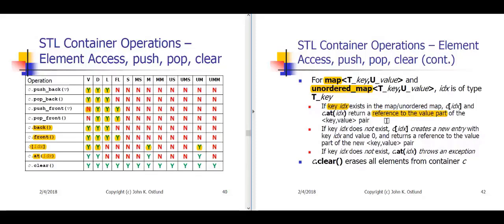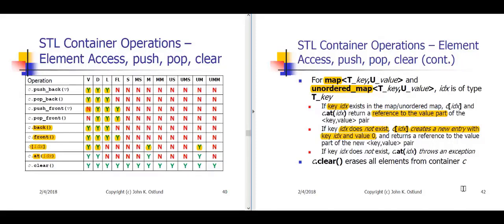Now, unlike vector and deque, where you get undefined behavior if you use an index that does not exist in the square bracket notation, in a map or unordered map, if you specify a key that does not exist within the container, what happens is it creates a new entry with the index that you specified as the key and the default value.